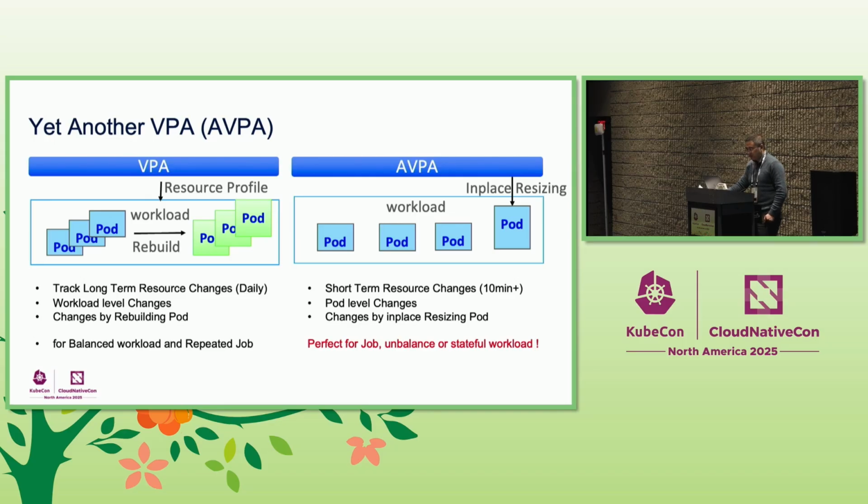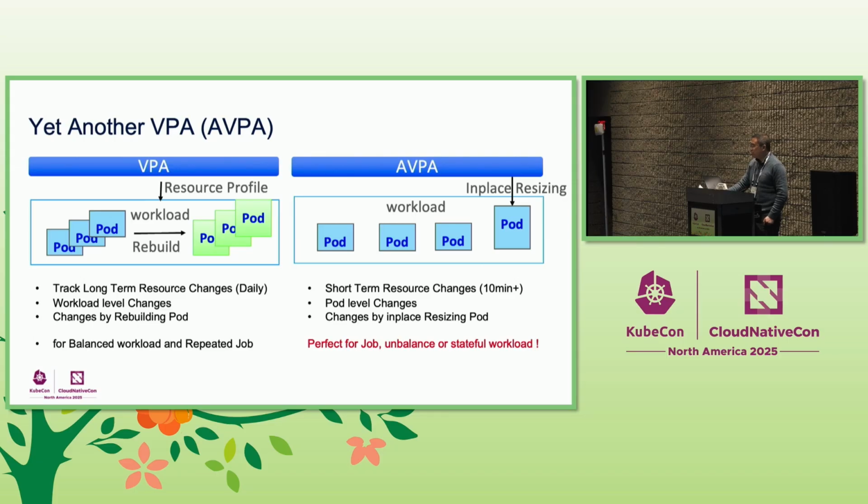So we built advanced vertical pod autoscaling, AVPA for short. We track only short-term resource changes over a period of 10 minutes, which enables AVPA to respond quickly to sudden changes of the workload. The interesting part is that when a change is required, it is applied to each individual pod independently of other pods.